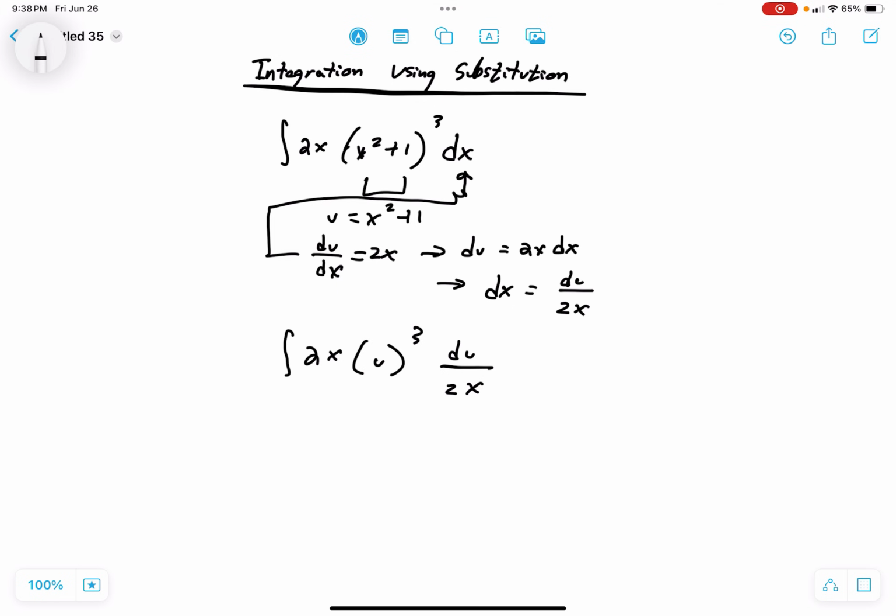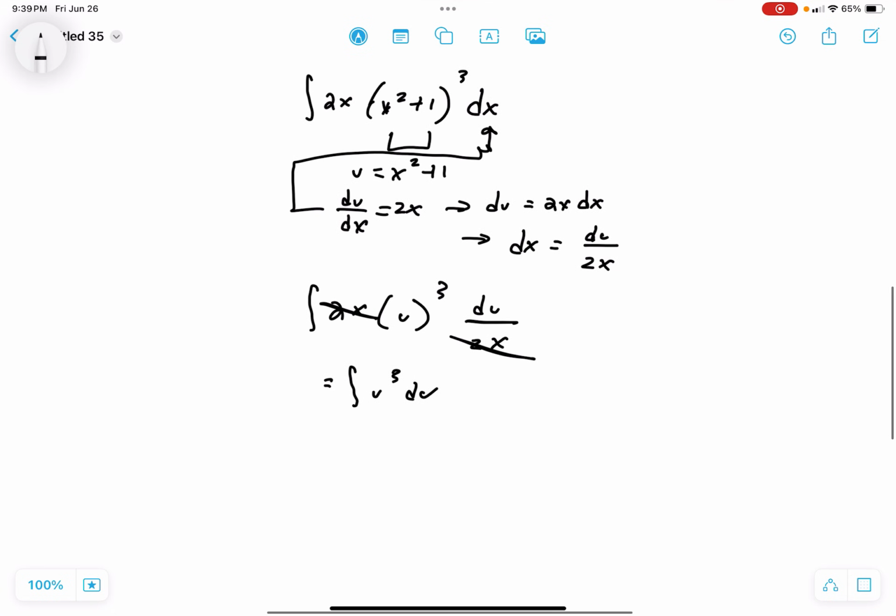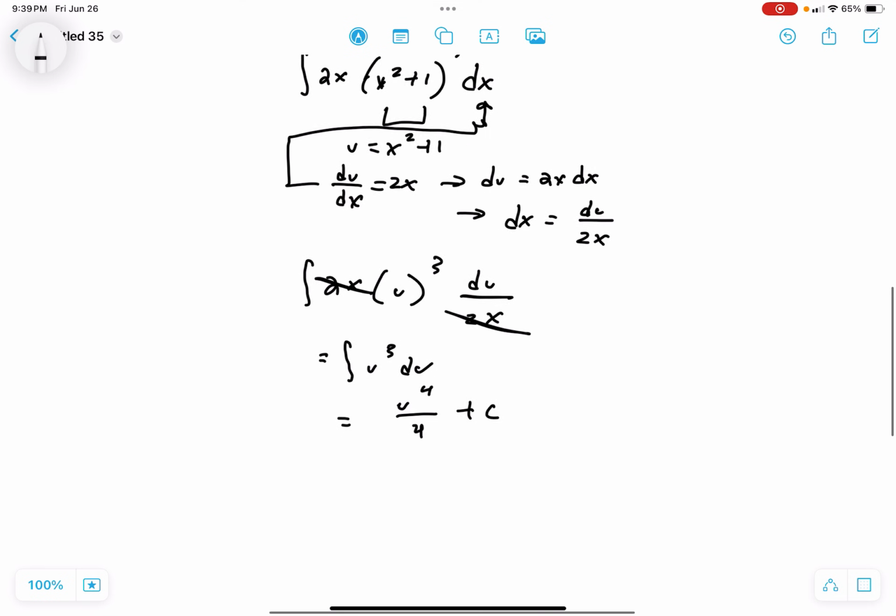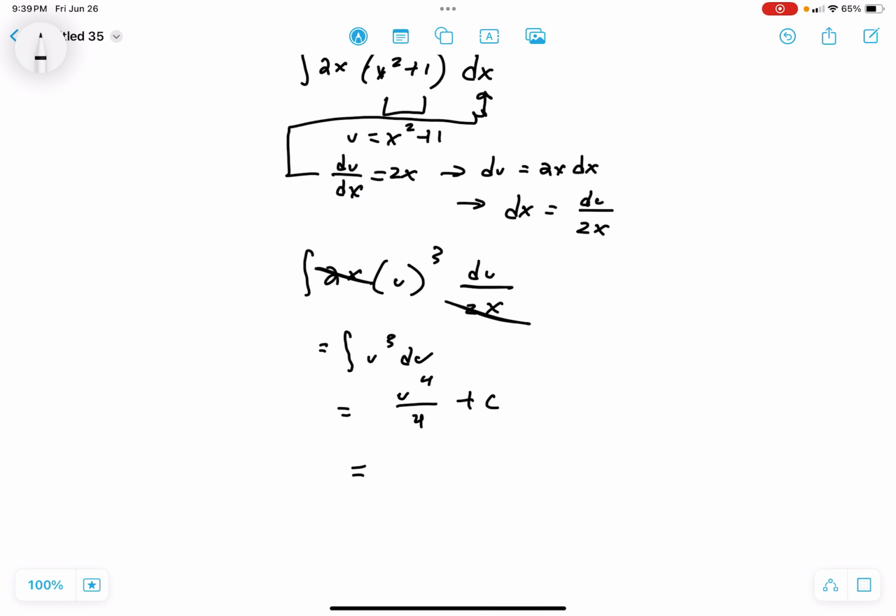Now look at what we have. My 2x's cancel out, and I'm left with the integral of u cubed du. Now all I have to do is use the power rule. So this equals u to the 4th over 4 plus c. And now I can substitute back in my u as x squared plus 1. So this equals x squared plus 1 to the 4th over 4 plus c.